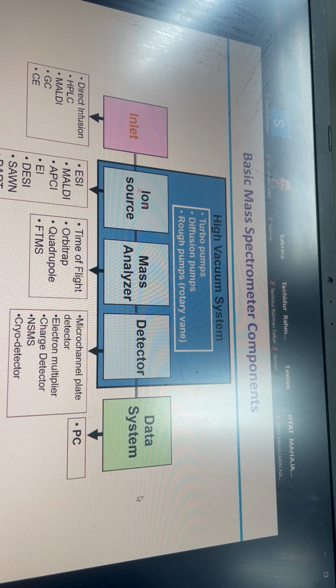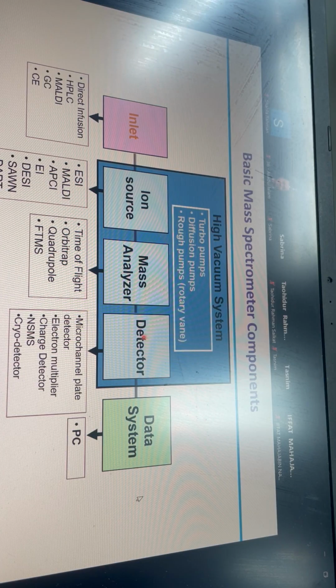Okay, so we'll be generating all the gaseous ions. The mass analyzer will be separating ions based on their velocity or angular momentum or some kind of separation, and then it will measure their mass or mass-to-charge ratio, and then the detector will be measuring the abundance, how many ions are present in your sample.